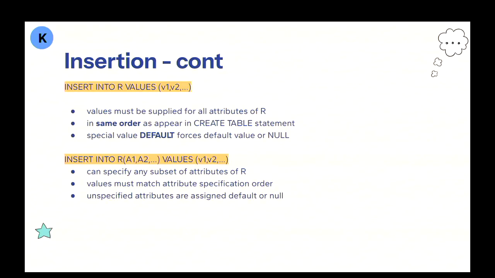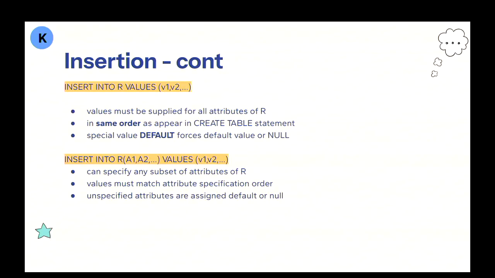In the first type of statement, because we are not specifying the attributes after the relation name, or after the table name, it means that the values here must contain all the attributes of the table. So it should be in the same order as it appears in the schema.